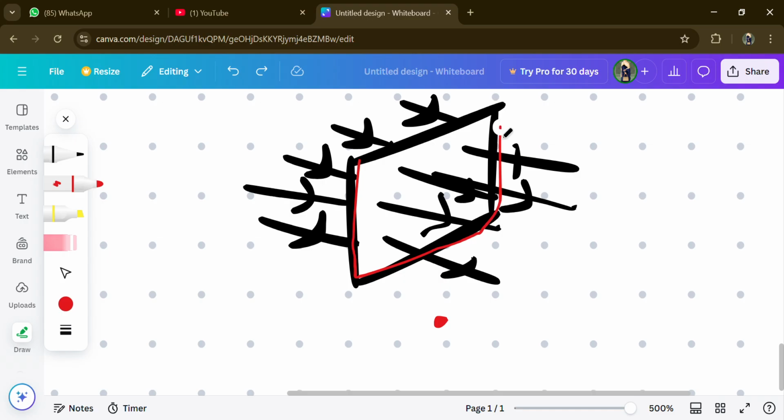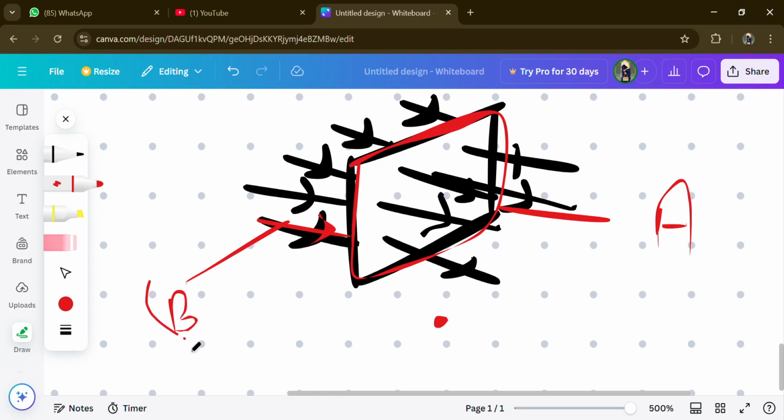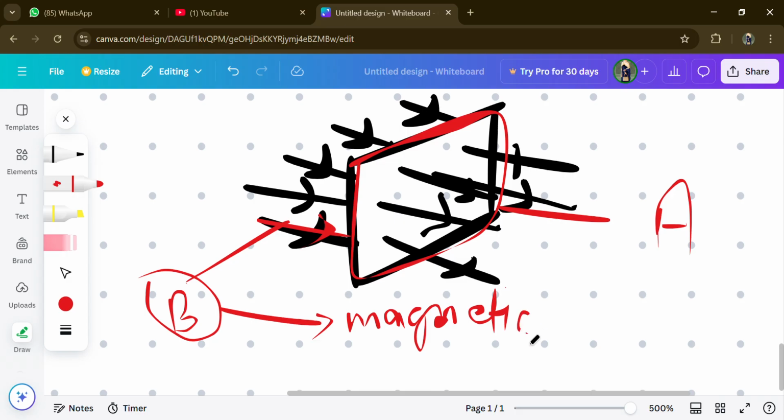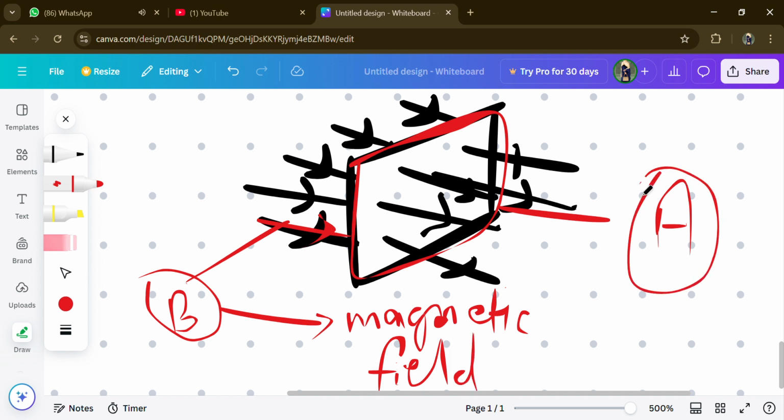So this specific red square is A, the area, and these lines passing by are B. Do you know what B means? B is actually the symbol which denotes the magnetic field. B is the official and widely used variable, or symbol basically, for this, and this is the area.